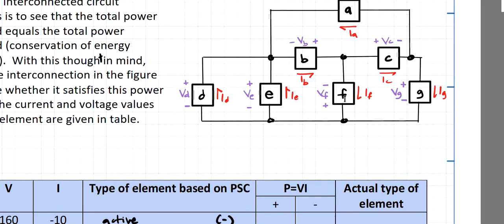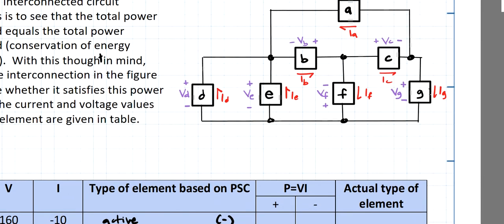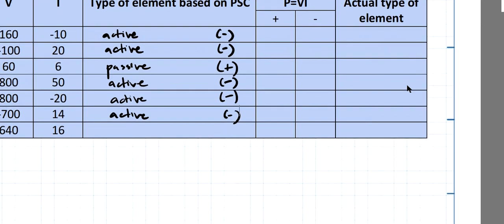Next one is letter F. Although the direction is going downward, it enters the negative terminal, and therefore this is active based on the passive sign convention. And lastly, for element G, this current enters the positive terminal, and therefore this is passive.